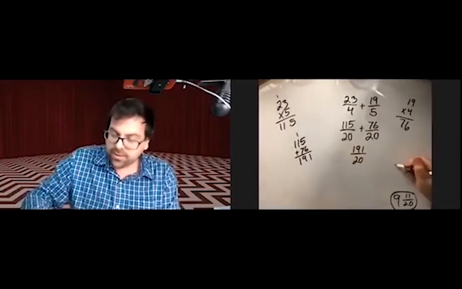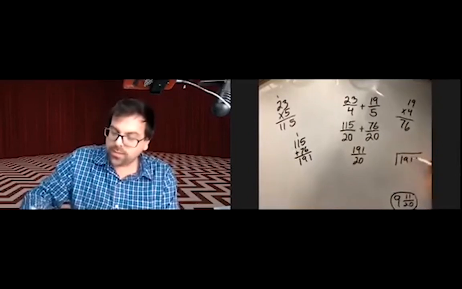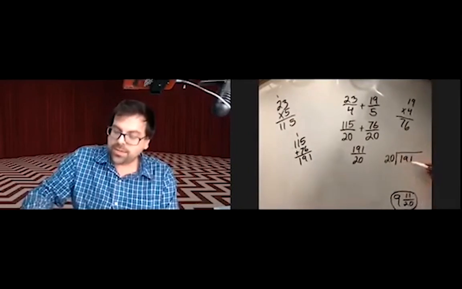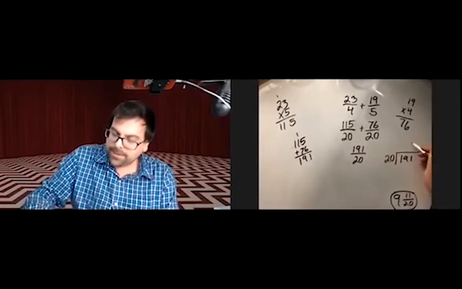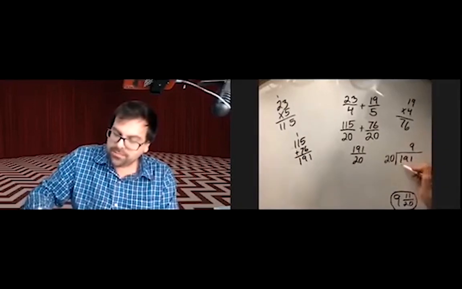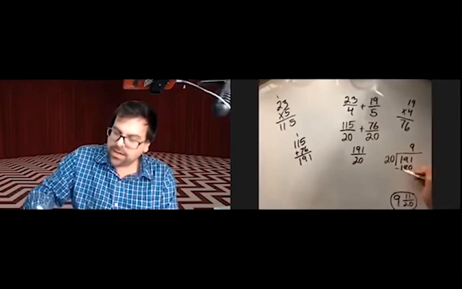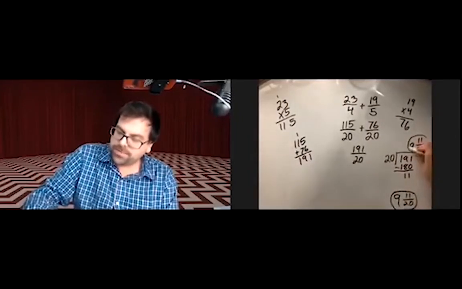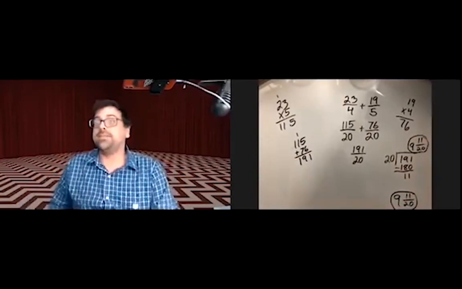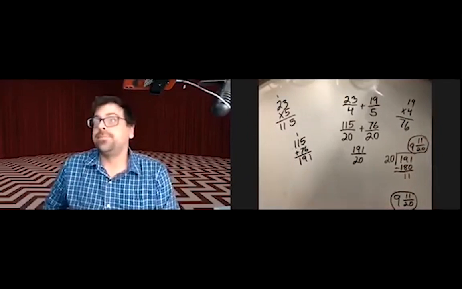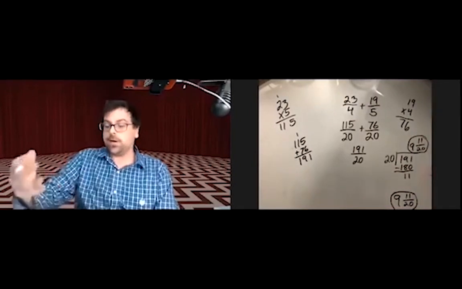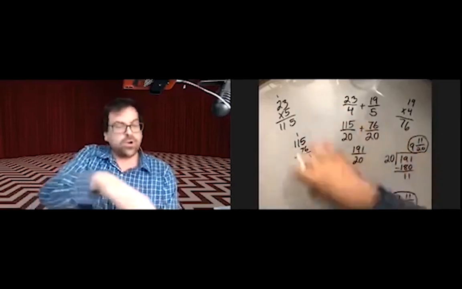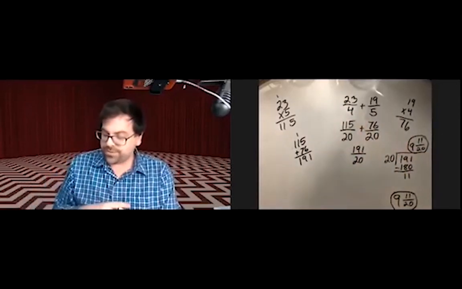And then we divide. 191 divided by 20. We go in 9 times. It's 180. Subtract, we get a remainder of 11 that goes over 20. Same answer. So you don't have to do any carrying if you go with improper fractions first.